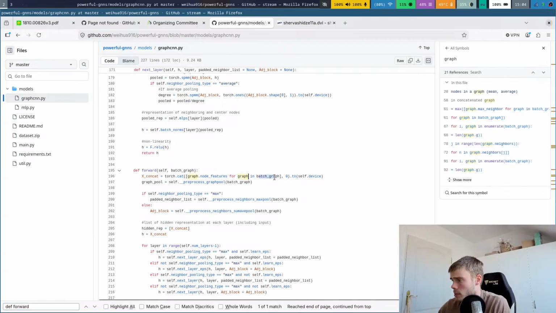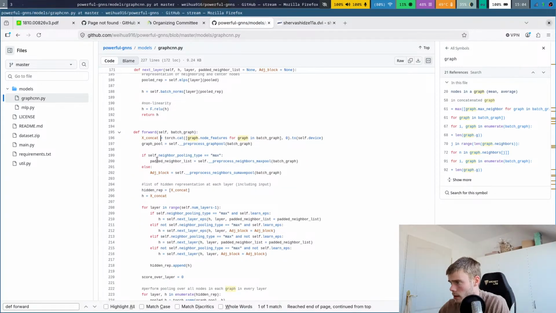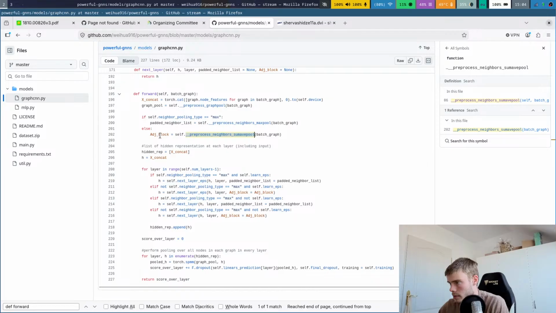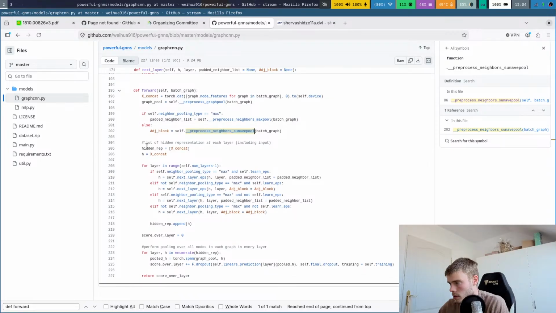So for each graph in the batch graph, we concatenate the node features. Pre-processed graph pool. Okay. Some average pool. Batch graph. It's actually not that long, the forward method.